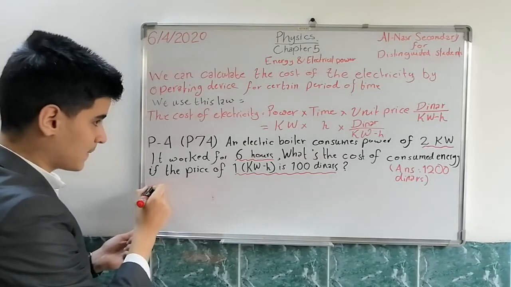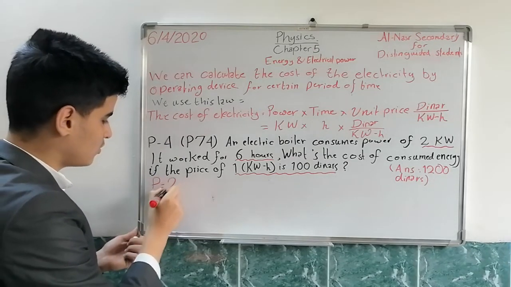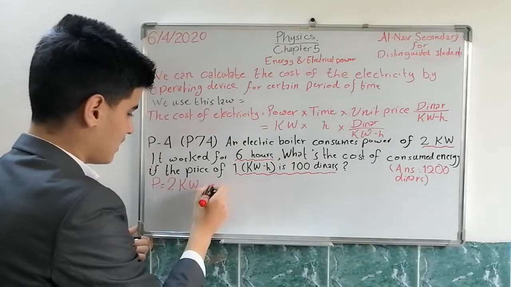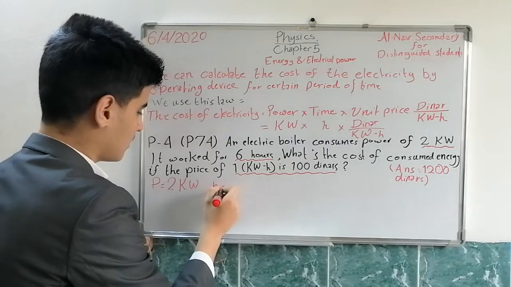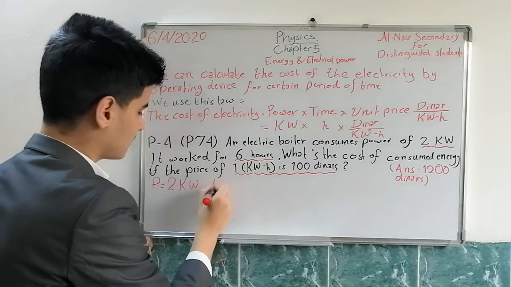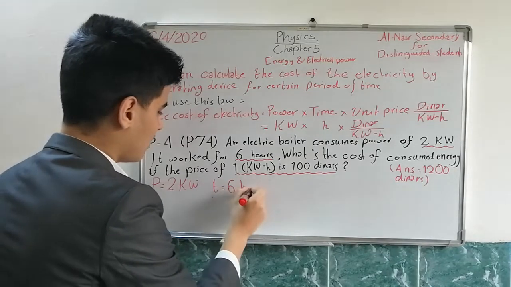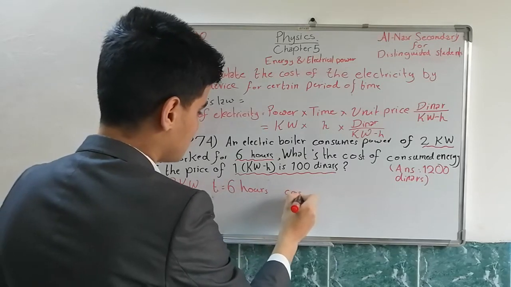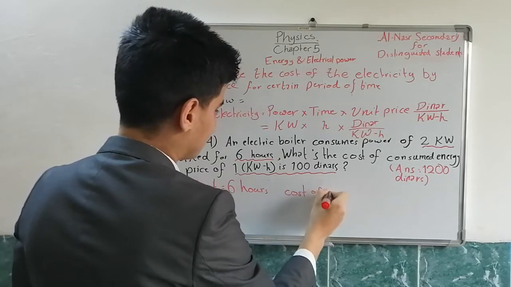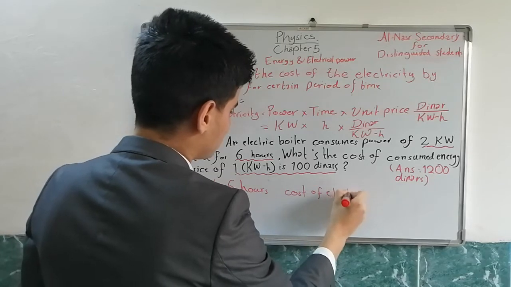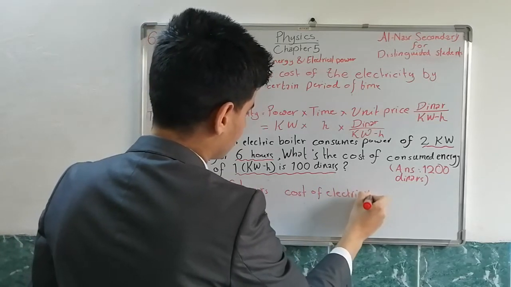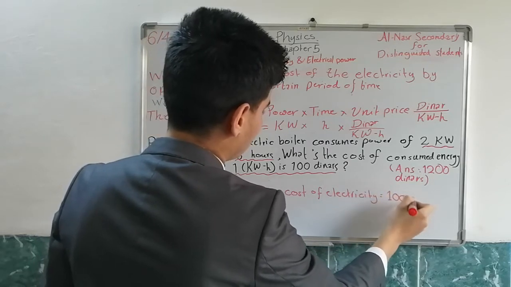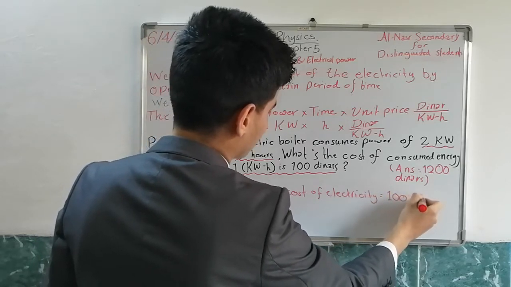We have power equals 2 kilowatt, the time equals 6 hours, and the price is 100 dinars.